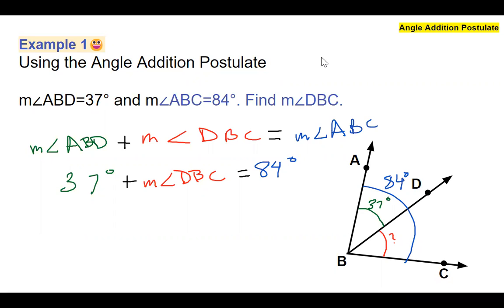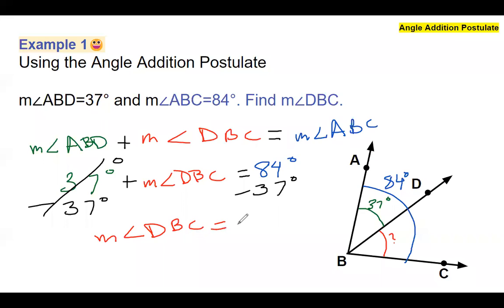Subtract 37 degrees on one side, subtract 37 degrees on the opposite side. This goes to 0. And we're left with measurement of our beautiful angle DBC equals, what is 84 minus 37? 47, that is correct. 47 degrees. So we now are able to find the measurement of this beautiful angle. Not too bad, huh?